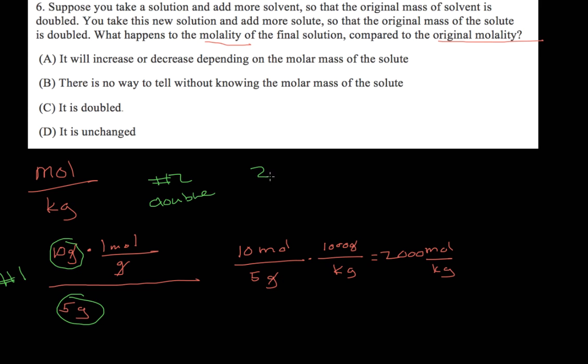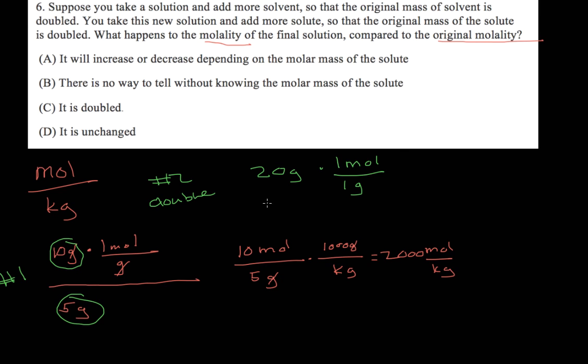So instead of 10 grams, we have 20 grams here, times again, it's the same compound or element, so our 1 mole per gram mass won't need to be changed in any way, so 1 mole per 1 gram.